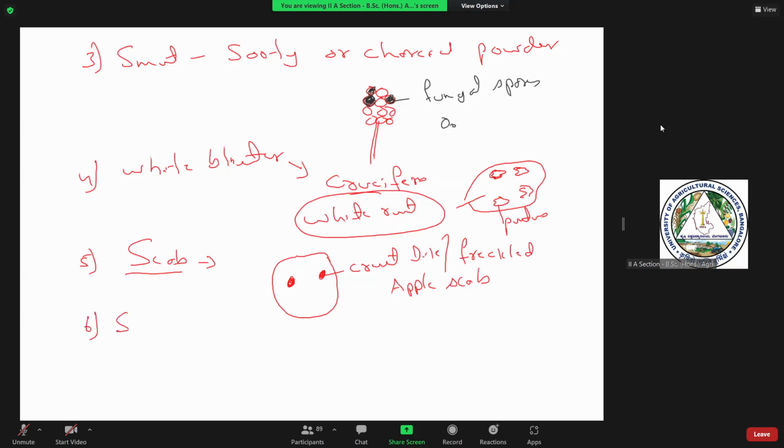And we have a fungal structure often seen as a symptom, sclerotia. Sclerotia is a fungal structure seen on a plant as a symptom, which is basically a compact, hard mass of the fungal mycelium.